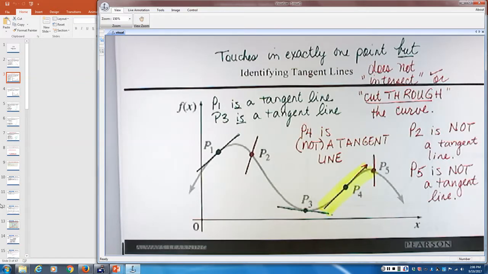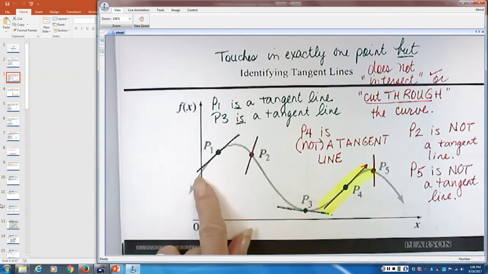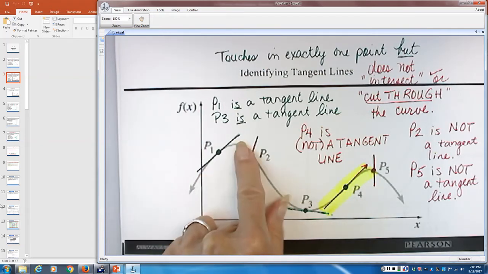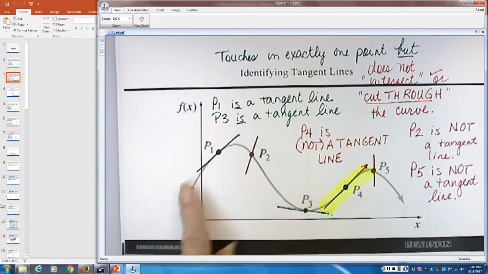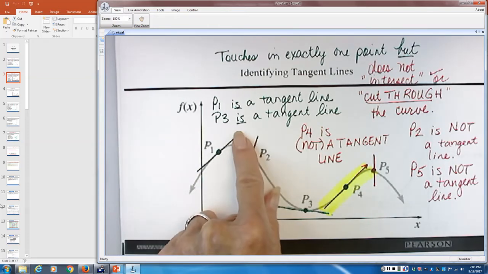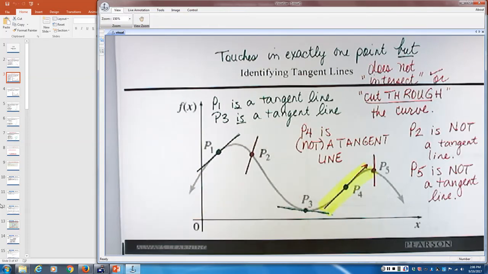That means when we have points like P4 and we're talking about slopes of tangent lines, we're going to have to be careful. Because remember, I said the idea of a tangent line was it tells you what the curve is doing around that point. And in this case, in P1, the curve is doing the same thing that P1 is. It has a similar slope.